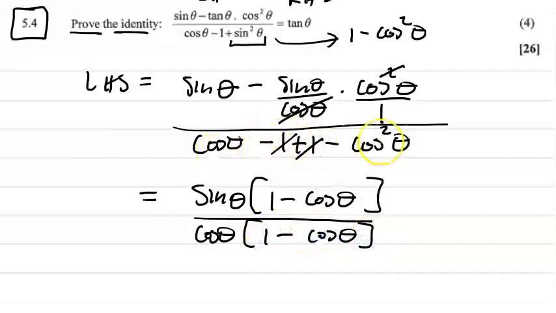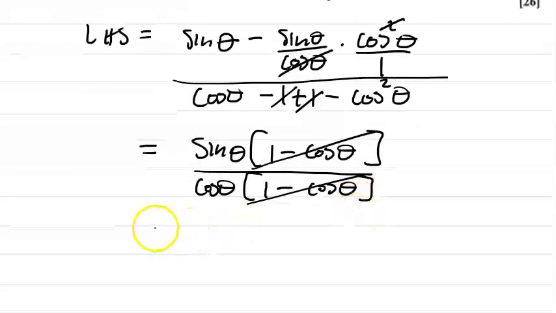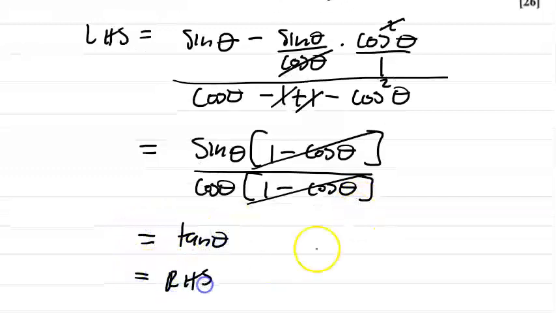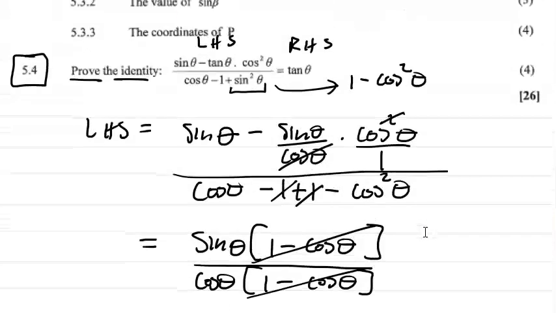You're removing that cos theta as a common factor. So 1 minus cos theta and 1 minus cos theta both cancel. And therefore now you're going to be left with tan of theta, which is equal to my right hand side. So that's that identity now proved. And you can see left hand side is equal to the right hand side.